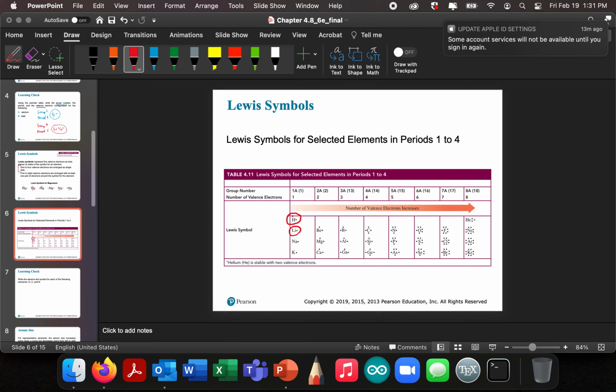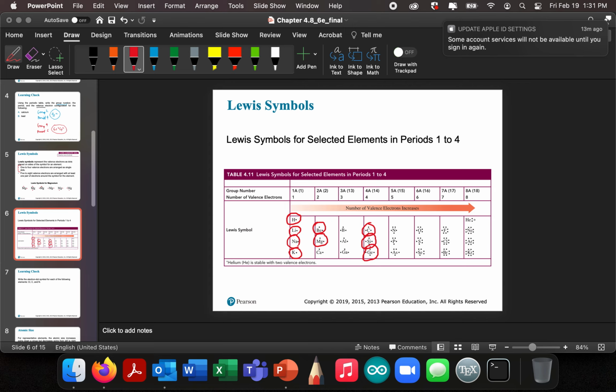Lithium is also 1 electron. That's the valence electron. And again, just like we were showing the valence electron configurations, you can see why they have similar chemistries, right? Because they each have 1 electron in their outer shell. And beryllium and magnesium both have 2 electrons in their outer shell. Carbon has 4 electrons in its outer shell, and so does silicon. That's kind of cool, isn't it? Germanium also does, right?